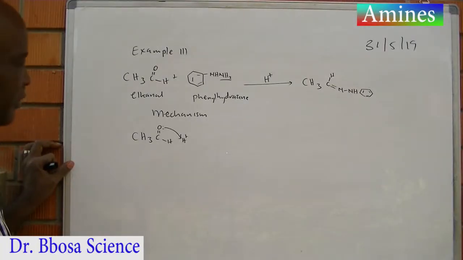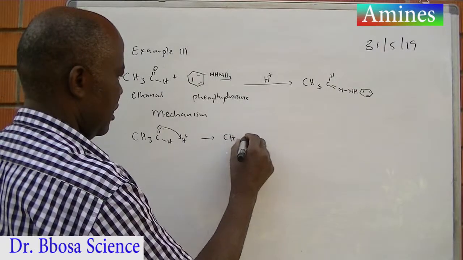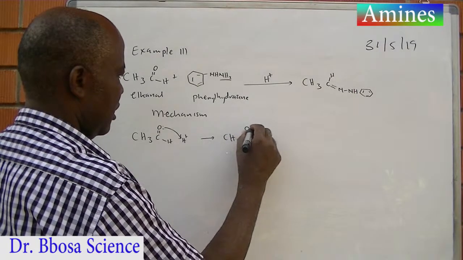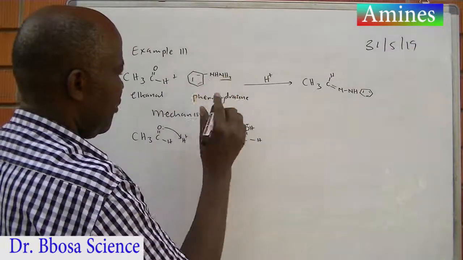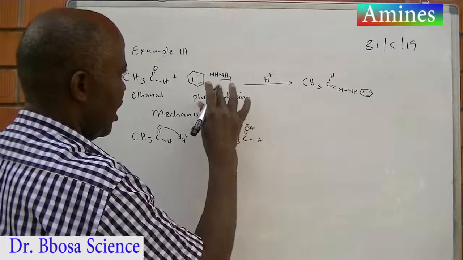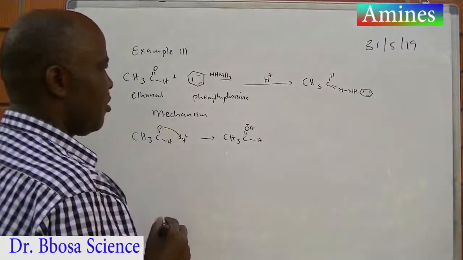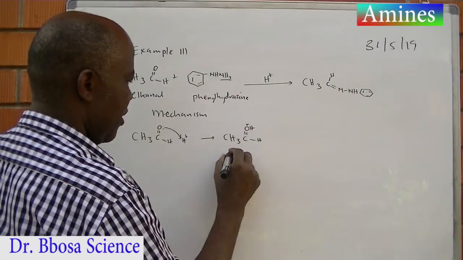From the solution, then you will get, then the phenylhydrazine will use a lone pair of electrons. This nitrogen atom with 2 hydrogen atoms attacks the carbonyl carbon.